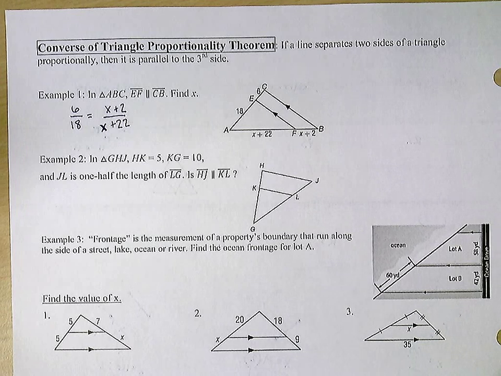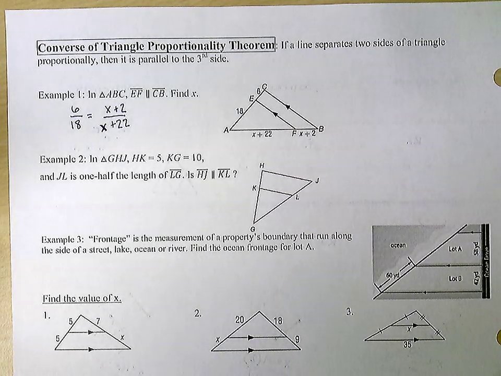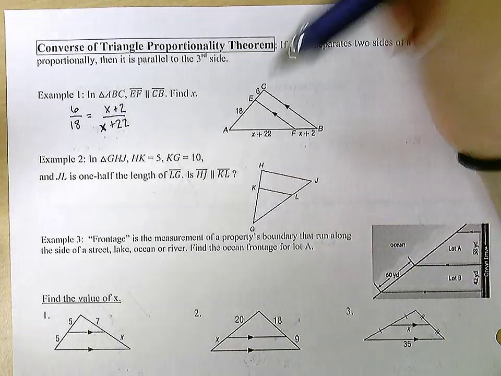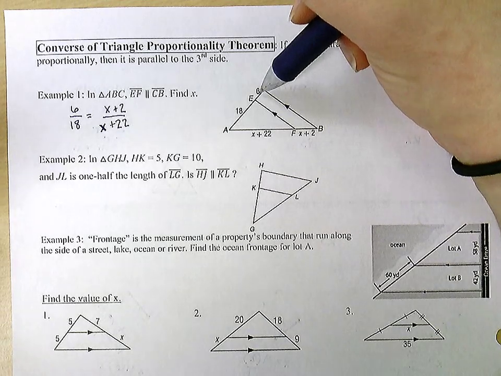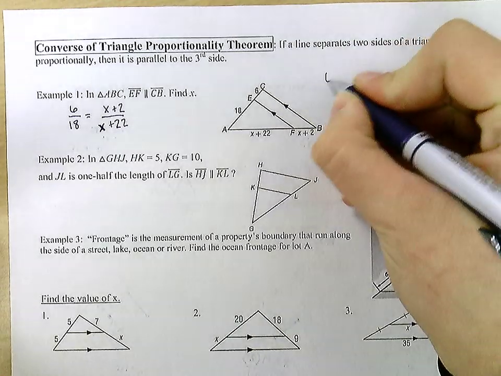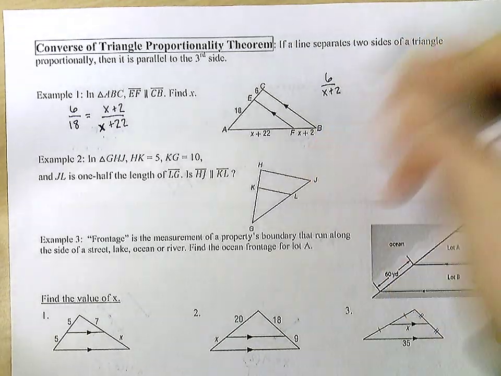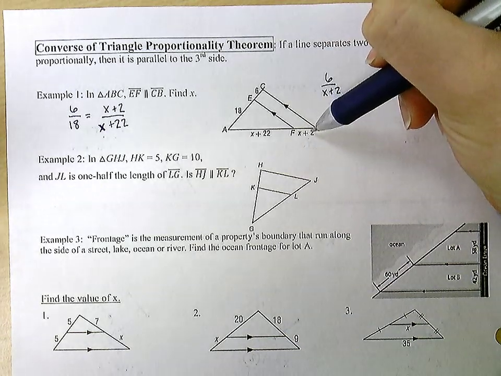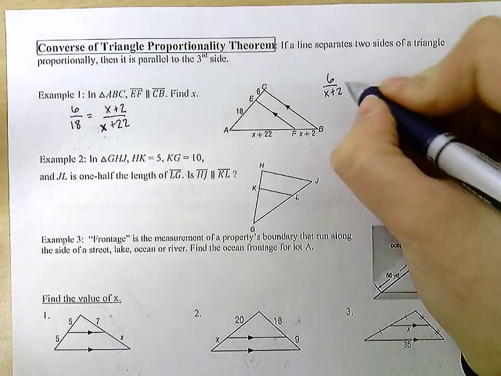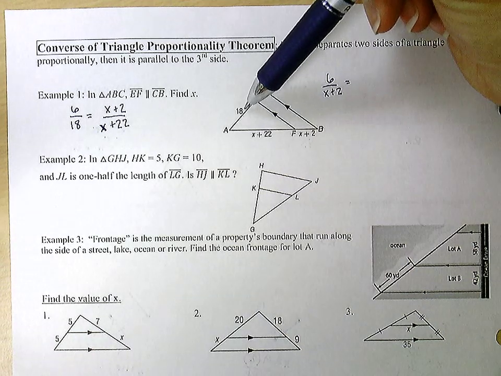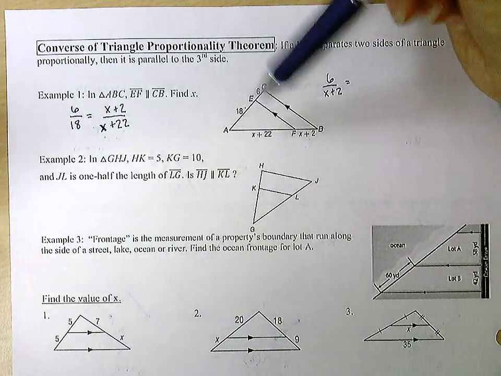Okay? That's one way to set this one up. Another way you could set this one up, you could set it up as 6 over x plus 2. So I just took the two smaller pieces and set it equal to that same ratio of the larger pieces.